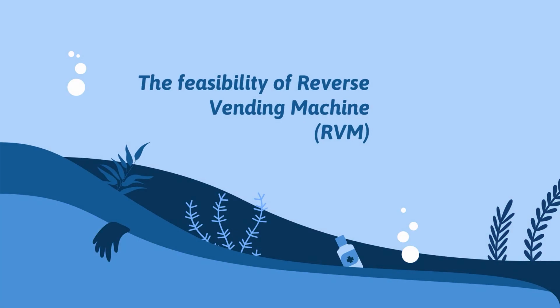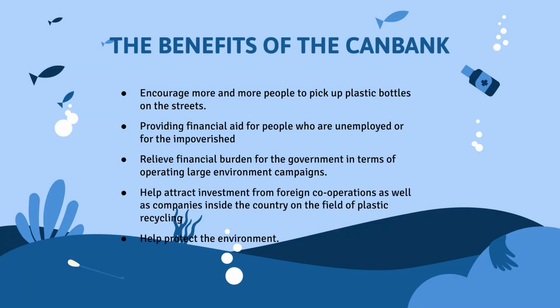In terms of its practicality, our team believes that the machine can bring a lot of wonderful upsides. First and foremost, it will greatly benefit the environment. The reverse vending machines across Iceland have been reported to have collected over 1 million plastic bottles, which proves the effectiveness of this machine.